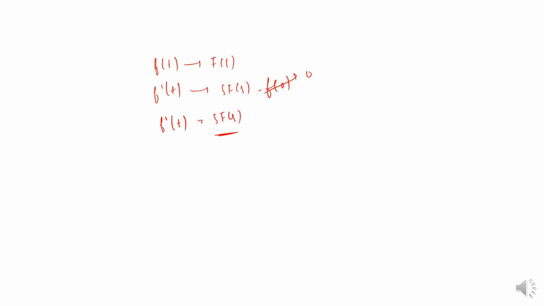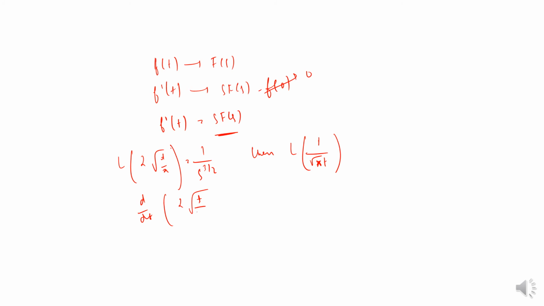Now coming to our question, what we have been given: the Laplace transform of 2 root t by pi is equal to 1 by s power 3 by 2. Then what is the Laplace transform of 1 by root of pi t? Now we have already understood in the last slide that d by dt of 2 root t by pi is equal to 1 by root of pi t.